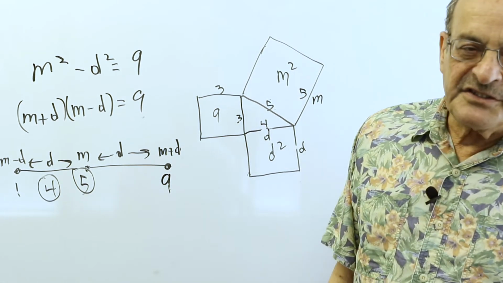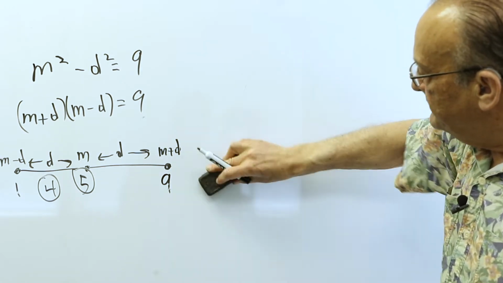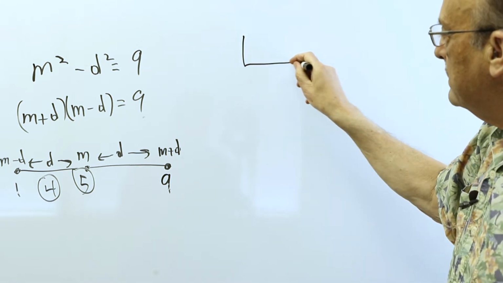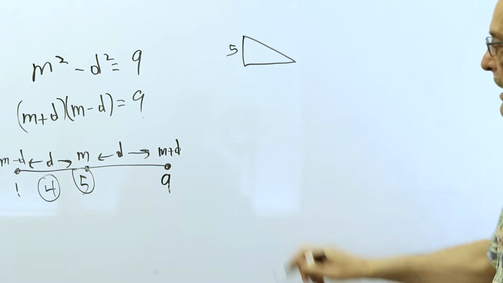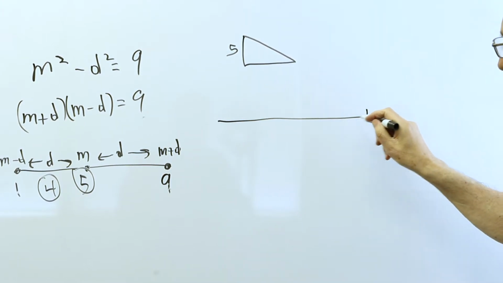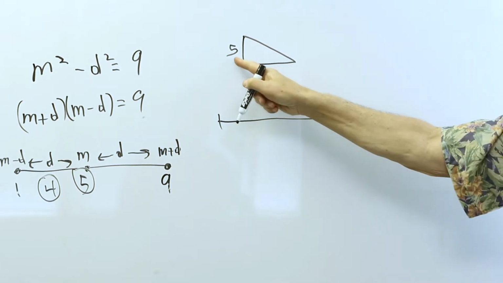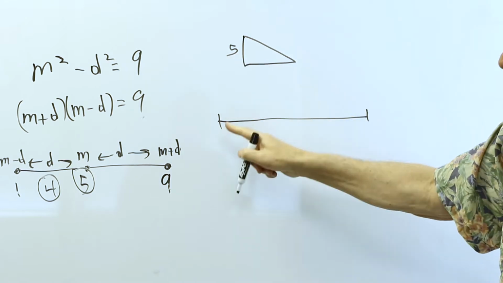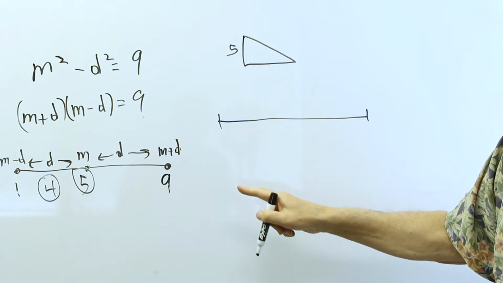Okay, so we're going to do another example, but we don't have to draw this ornate picture. Suppose we have a triangle and its leg is 5. So all we have to do is draw the number line and try to have this number times this number equal 5 squared. Not 5, but 5 squared. So 5 squared is 25, so we want this number times this number to both be whole numbers and both odd or both even, and we want to make 25.